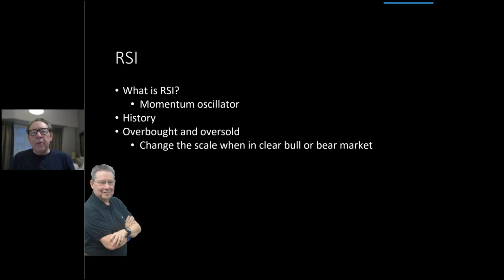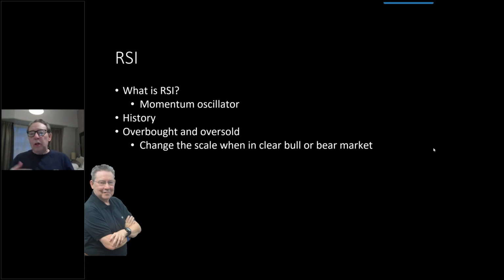Now, there are a couple of things I want to get out of the way right away. RSI, I think you're all familiar with it. If you're not, ask me a question. When you look at the scale of RSI, it's 0 to 100, and you'll see a horizontal line at 70 and a horizontal line at 30.